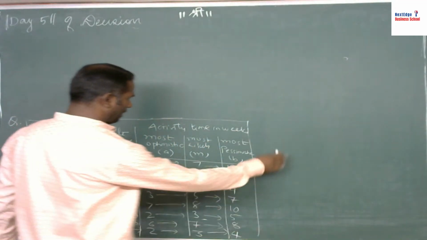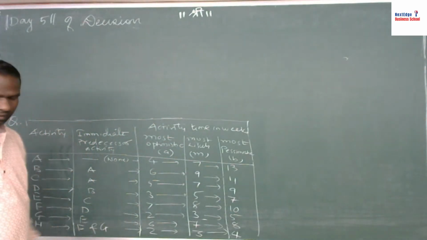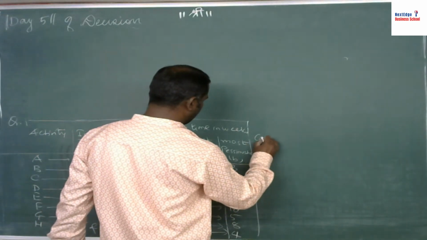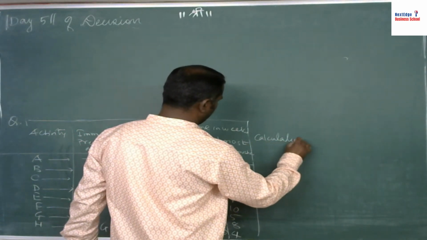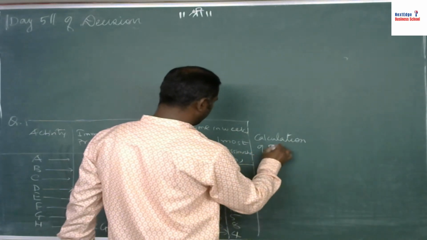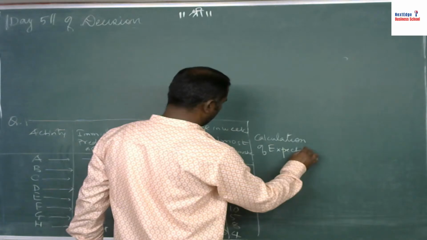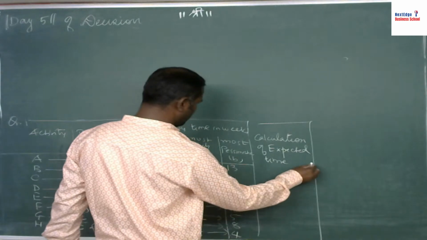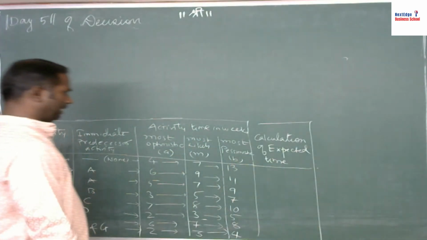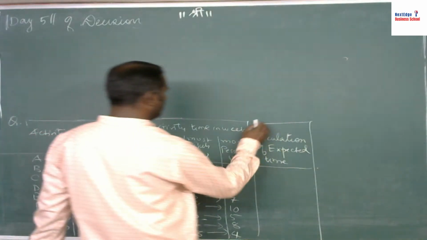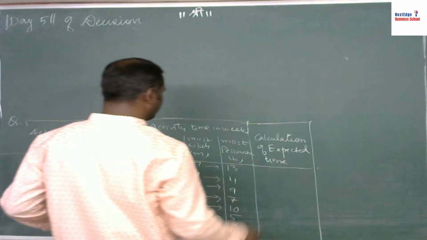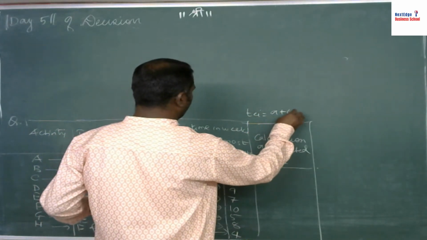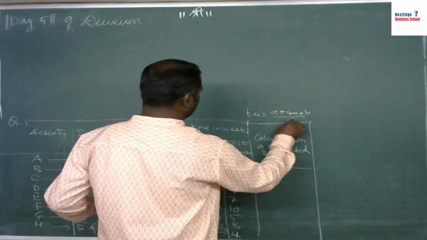What they are asking us, the first question which they were asking was calculation of expected time. And the formula for the same is, we all know that TE is equal to a plus 4m plus b upon 6.